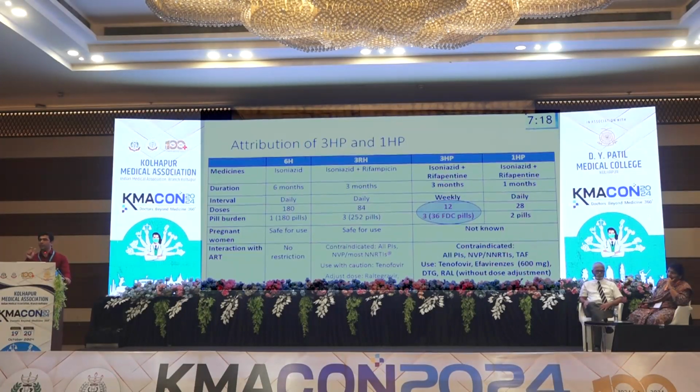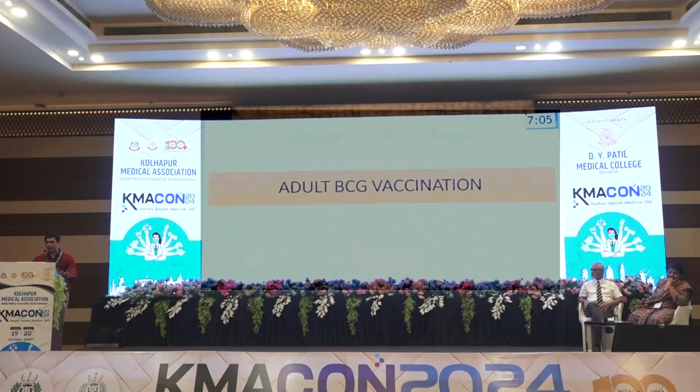Each tablet is 300 mg of isoniazid and 300 mg of rifampicin. So we have to give 3 tablets once a week for 12 weeks. I will not go into the regimens.